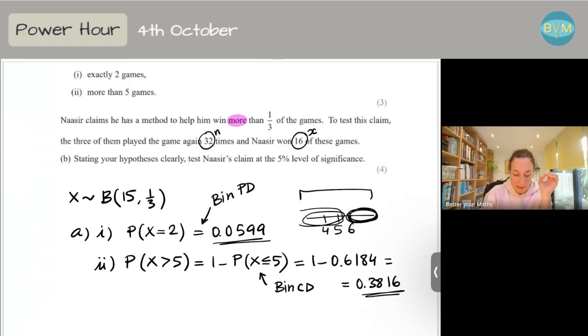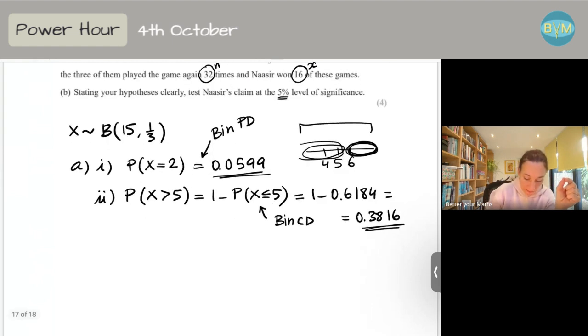Stating your hypothesis clearly, always, even if they don't tell you: test Nasir's claim at 5% significance level. We are going to do this very quickly. Write the hypothesis, do the test, and write a conclusion. That's what you have to do in hypothesis testing.